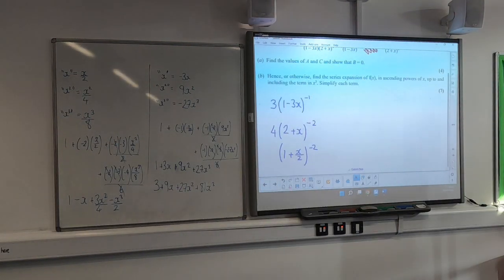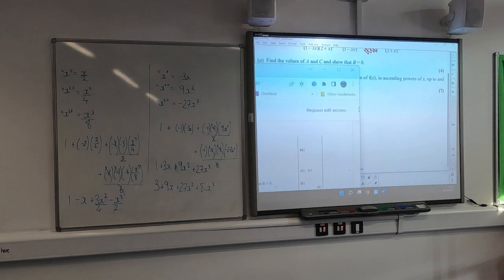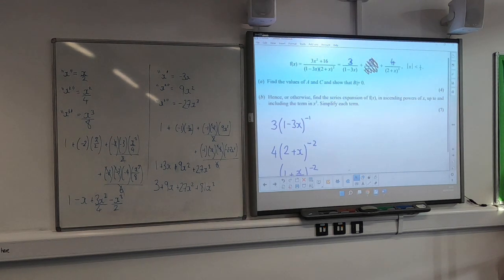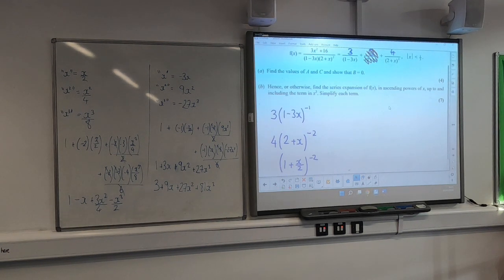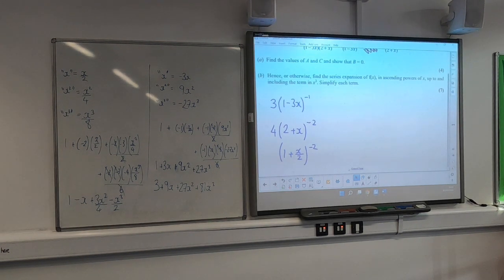So we've got the mark scheme here. Let's see if we're... Is it that? Those two are added, let's just double check, they are added, aren't they? So we've got to add those two together, right? So, what's the answer now?